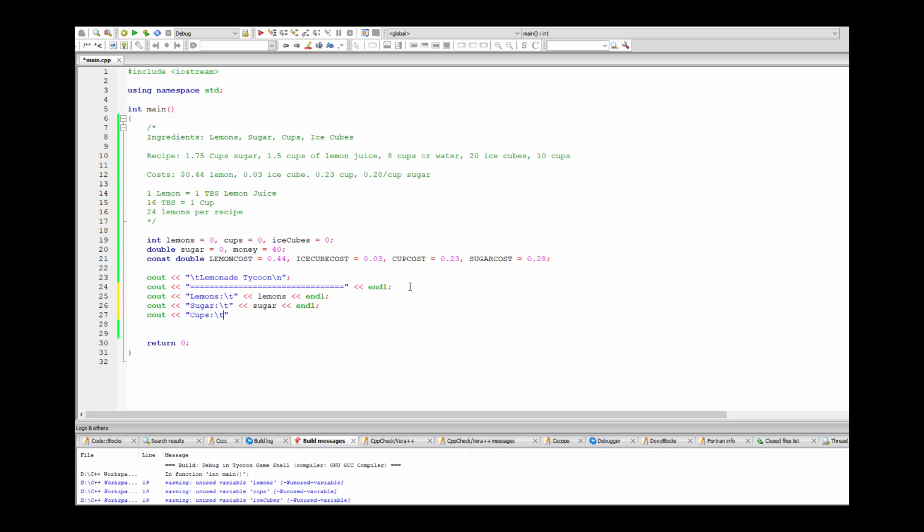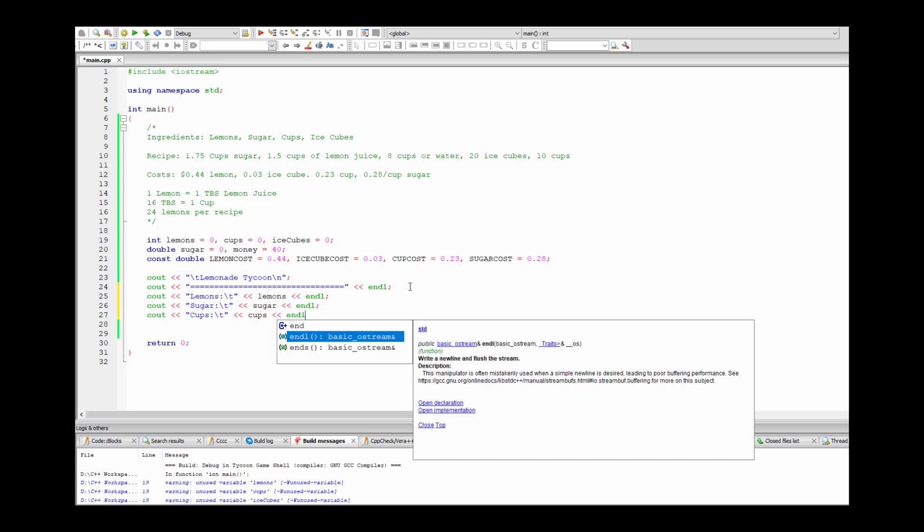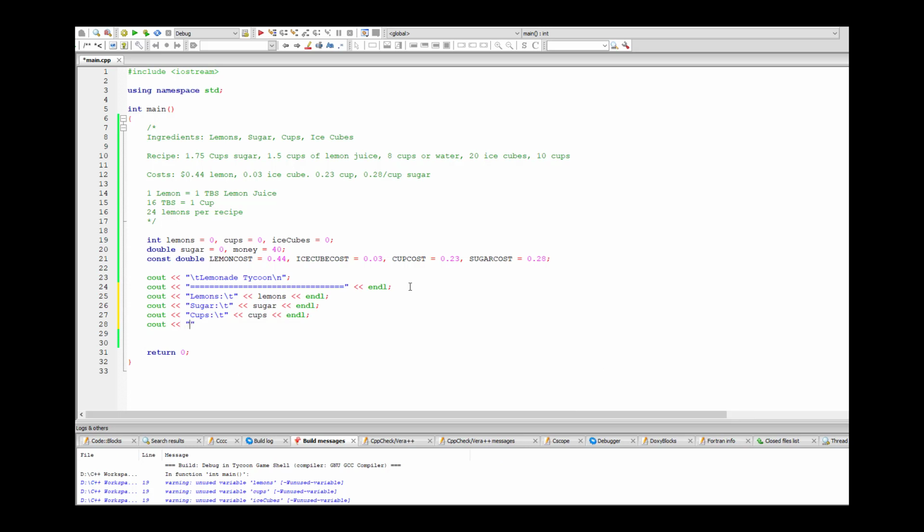Probably don't need that space there. Okay, and cups, end line, and then ice cubes. Now, ice cubes might not need a tab. We'll try it out and see where it goes, just because the word is so much longer than the other words.